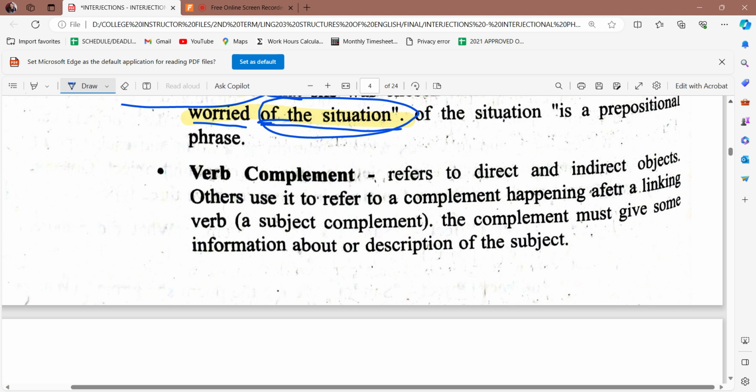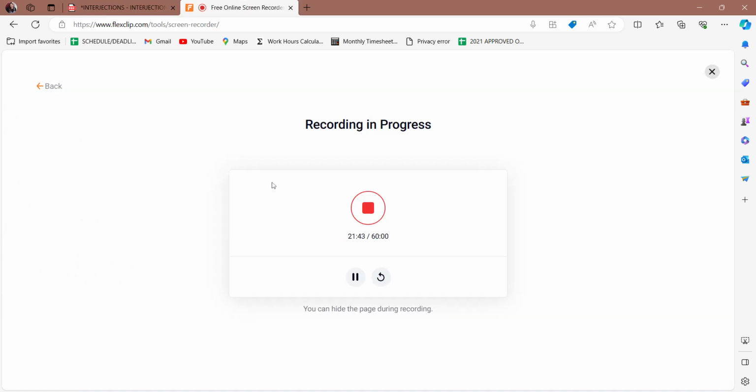The complement must give some information about or description of the subject. Again, verb complement refers to direct and indirect objects. Others use it to refer to a complement happening after a linking verb. So if it gives information about the subject of the sentence, and the complement happens after the linking verb, it is our verb complement.